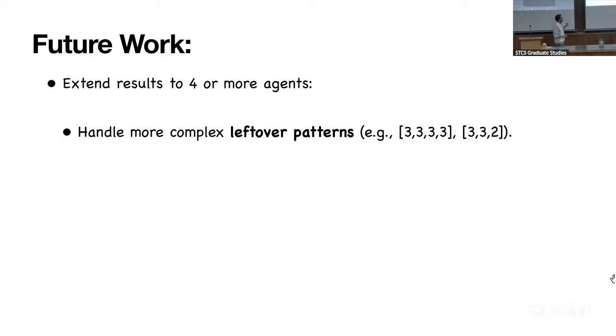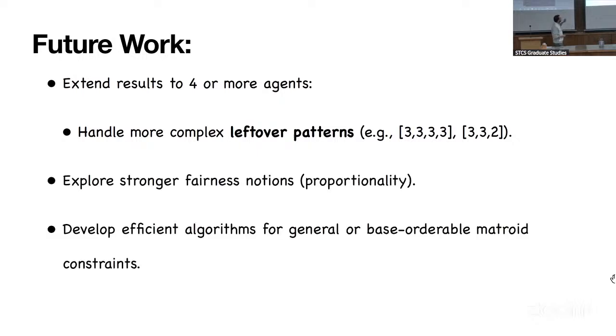Okay. So the future work is that we can extend this algorithm to 4 agents or more, but for handling 4 agents, we have a special pattern of allocating 3 items at a time. If we can handle this kind of pattern in the leftover items, then we can handle 4 or more agents.